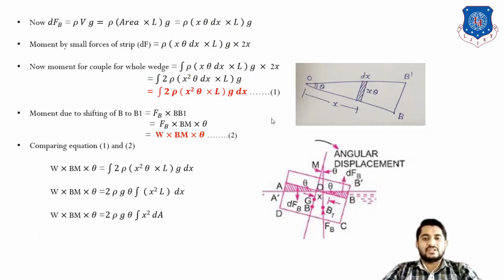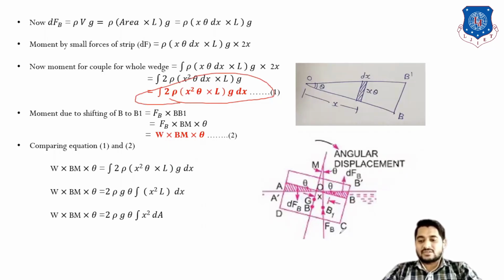Integration of 2 rho x square theta dx L g. Let us rearrange the components: integration of 2 rho x square theta L g into dx. This is our equation number 1, because it is the moment due to all small forces.